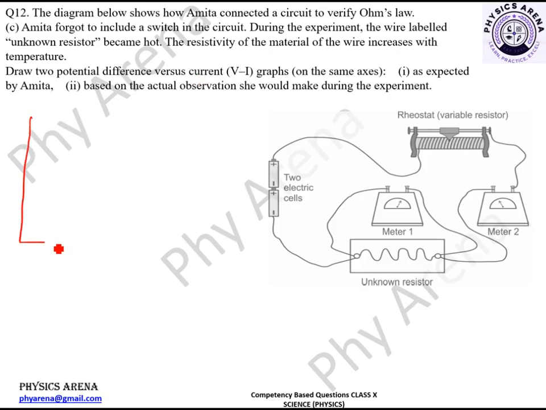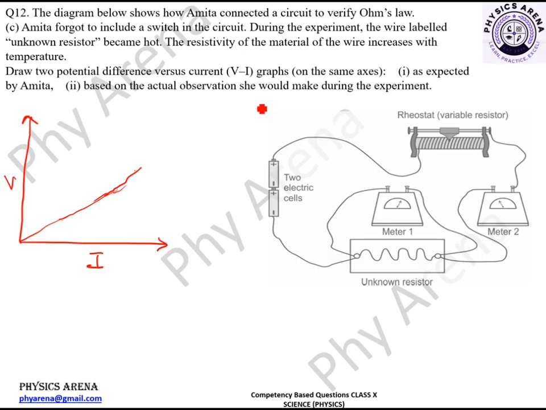And on the same axis, we need to draw the graph for the two cases. First, as expected by Amita. So this is my VI graph. And we know that for a VI graph, for an ideal resistor, it has to be a straight line passing through the origin.